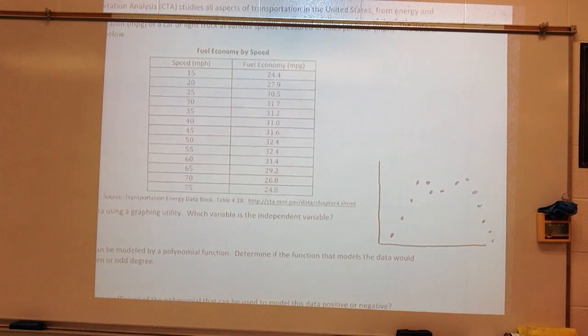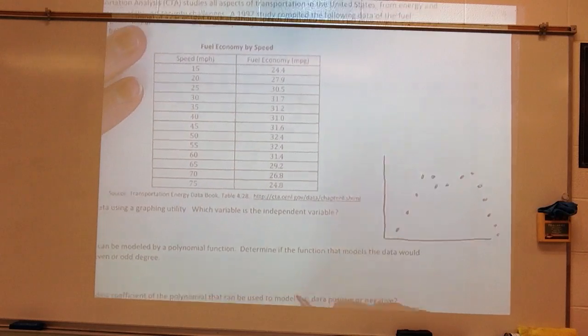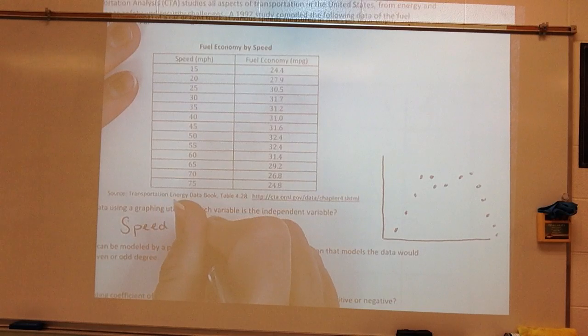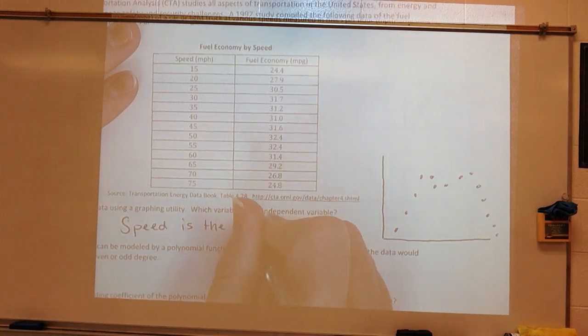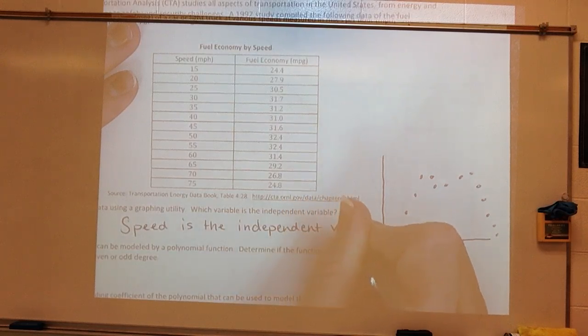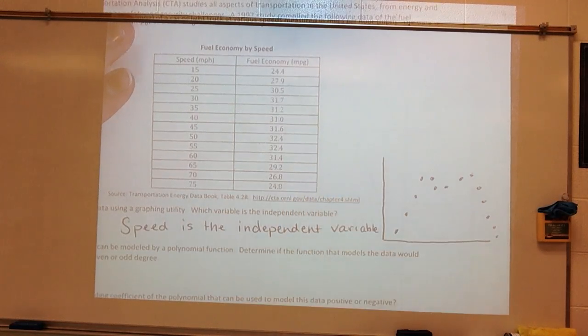So it wants to know which variable is the independent variable. In other words, which one can act on its own. Speed is the independent variable. The speed has absolutely nothing to do with the fuel economy. This data can be modeled by a polynomial function.